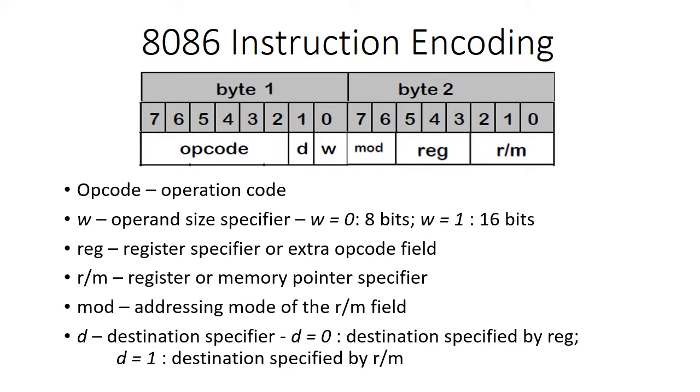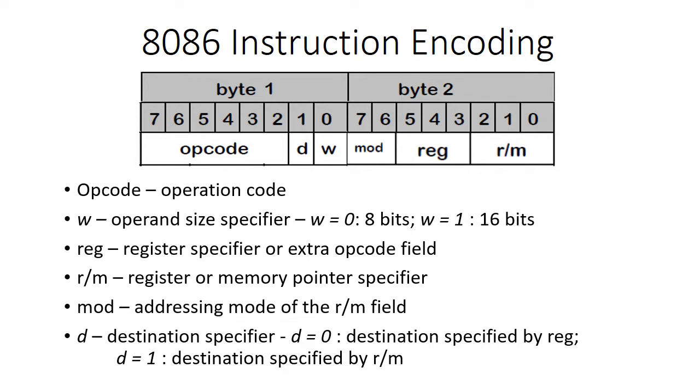Combined, the RM field and the mod field give up to 32 different ways of specifying the location of the second operand. 8 of these ways refer to the GPRs. The other 24 are the different ways in which the address of an item in memory can be specified.